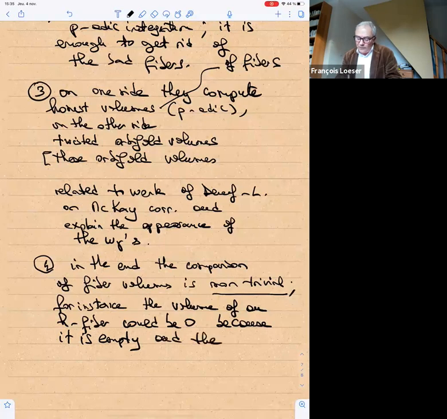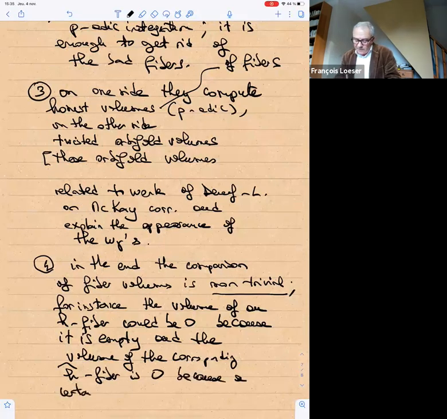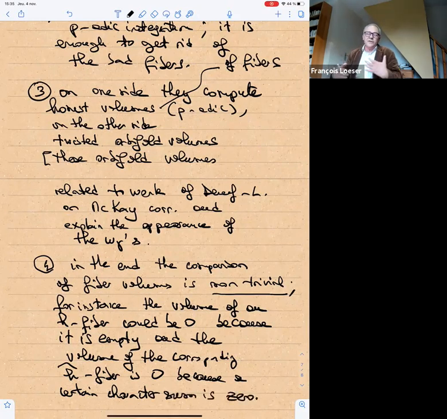And the volume of the corresponding H hat fiber is 0 for a completely different reason, because a certain character sum is 0. You know, often character sums on abelian groups are 0.